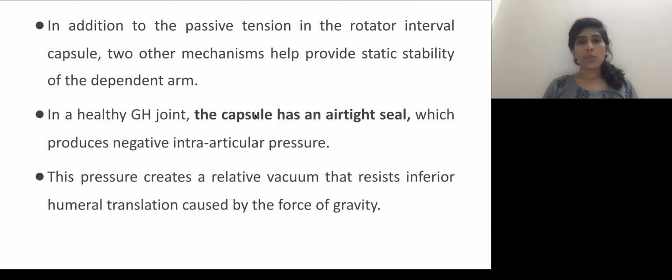So this joint capsule will act as a vacuum and will provide the tight seal between the head of the humerus and the glenoid cavity. So that means it helps us to avoid the downward or inferior pull of the humeral head.